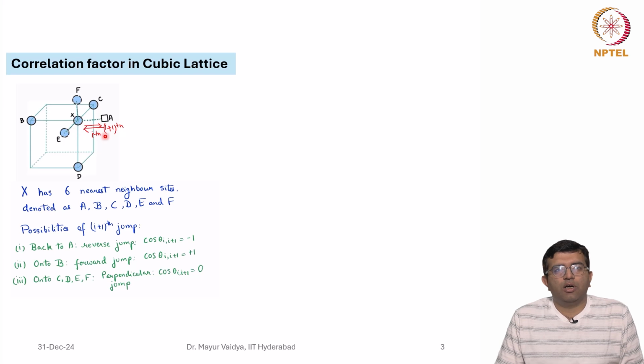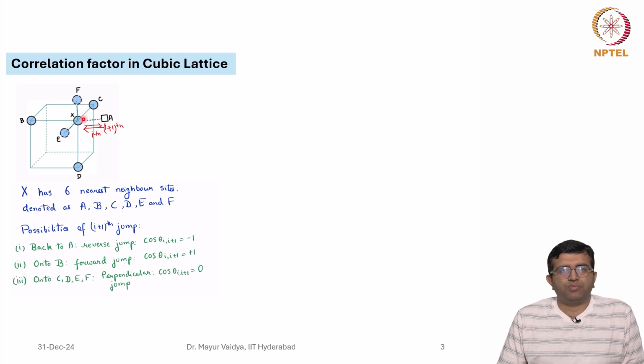You can clearly see in all the directions C, D, E, F, the jump vector is perpendicular to the ith jump. Therefore, cos theta i,i+1 for this type of jump will be equal to 0.